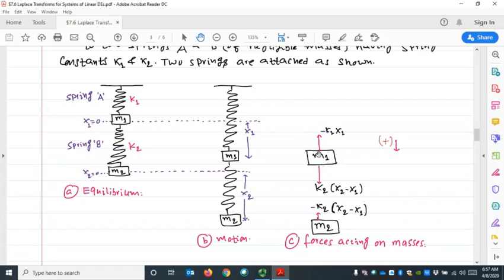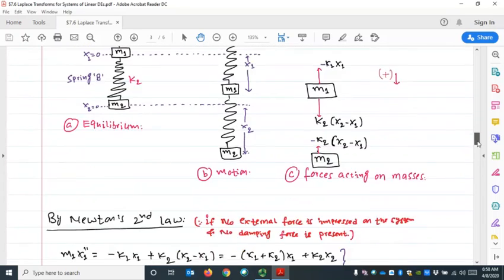So for M1, K1 x1, where K1 is the spring constant of spring A, and the downward force is K2 times the net displacement. But for the second mass, only one force is acting, which is acting upwards only, which is negative K2 times the net displacement. Okay, so now let's move on.